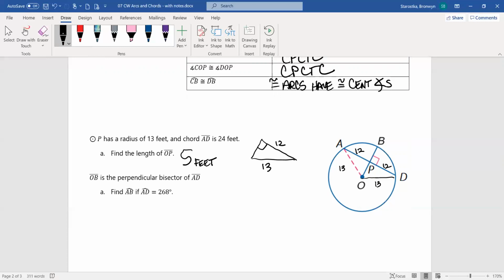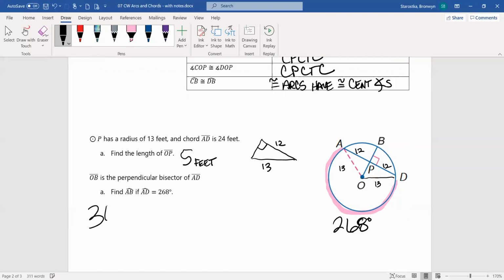OB is the perpendicular bisector of AD, which means that AB and BD, the little arcs, are the same. So we want to find AB if AD is 268. This isn't a well-written problem. When we say AD, we're talking here. And that is 268.